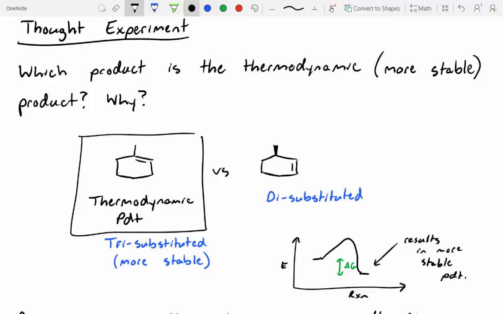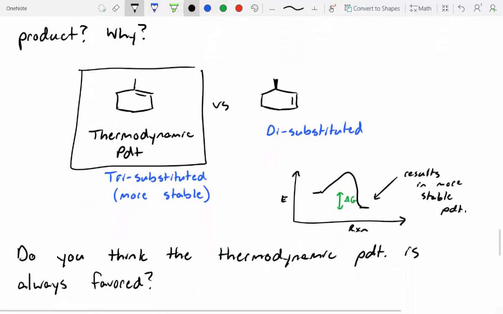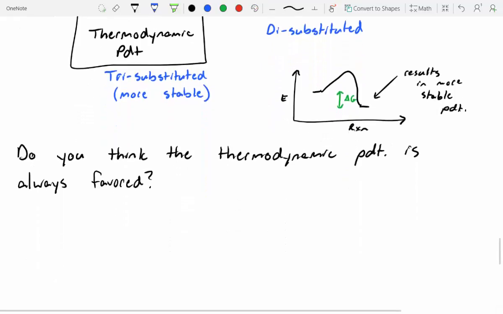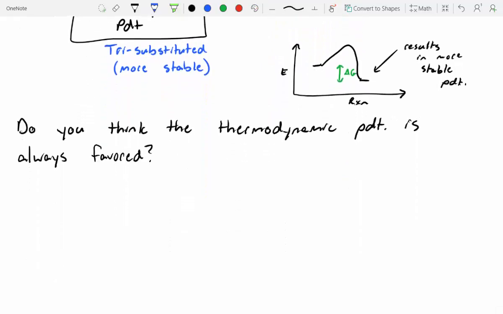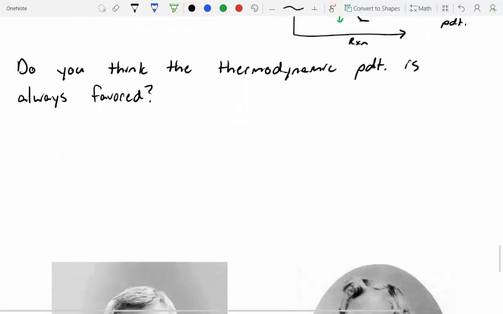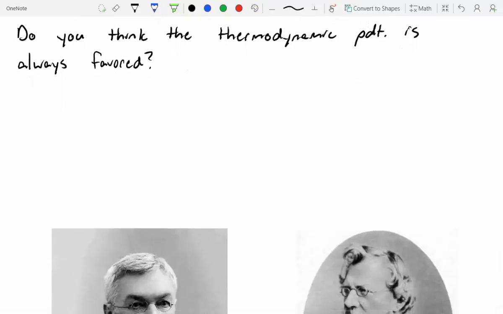All right, thought question number 2. Do you think the thermodynamic product is always favored? No? Depends on your base. We just said, too, that kinetic products are sometimes favored depending on the activation energy, right? And so let's make a little note of that, and then we'll talk about these guys. Not always.